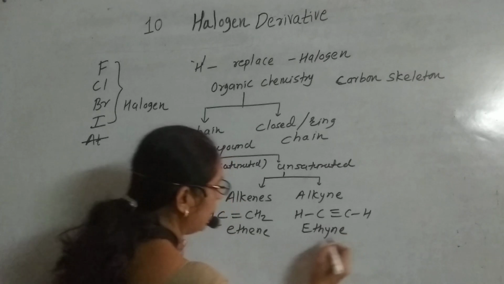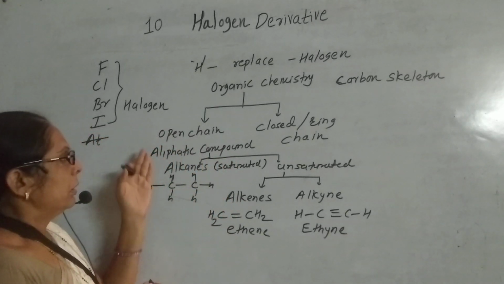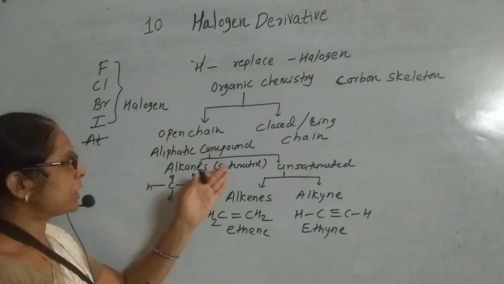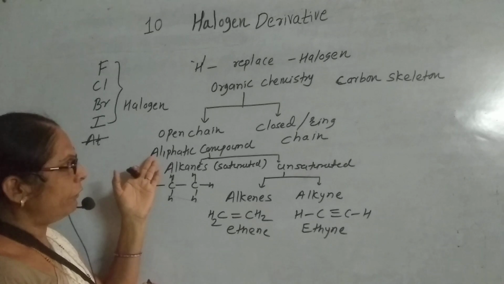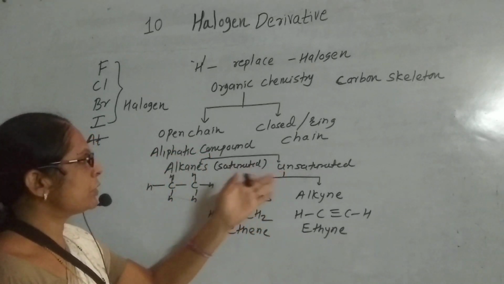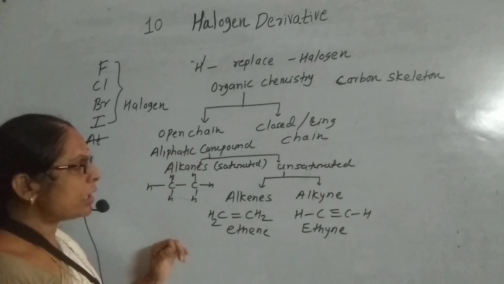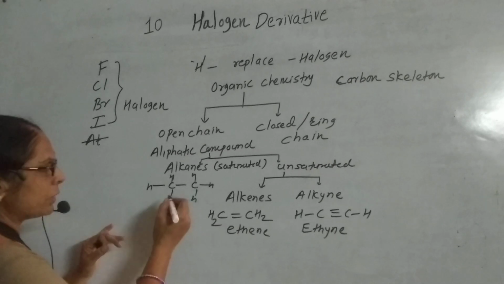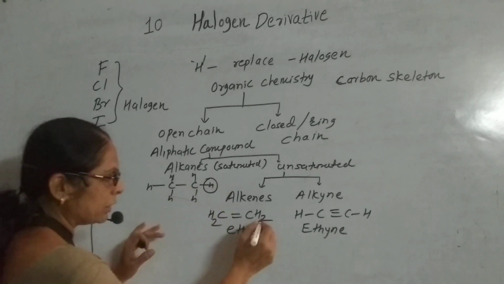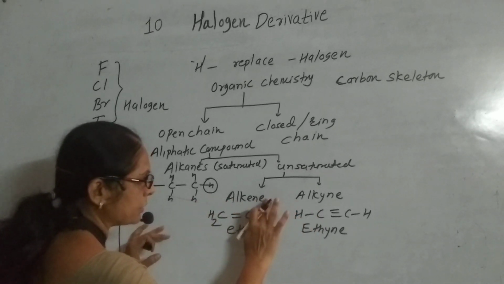So ethane, ethene and ethyne are all open chain compounds. The only difference is that alkanes are saturated aliphatic open chain compounds, and alkenes and alkynes are unsaturated aliphatic open chain compounds. So when I consider the halogen derivative, I have to replace the hydrogen of the alkane, alkene and alkynes.